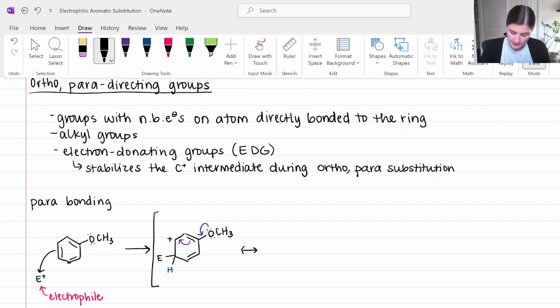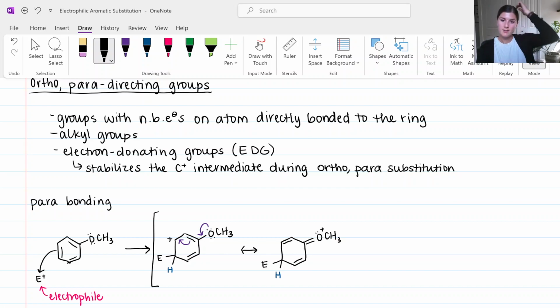So if we're drawing resonance structures here, we can see that we now have no open shell carbon, and we do have a positively charged oxygen. Let me put these electrons at the bottom.